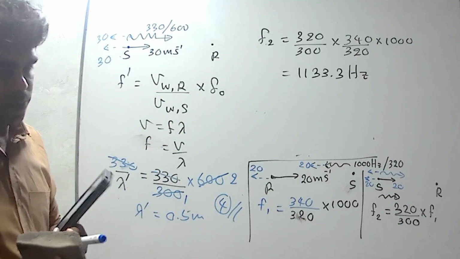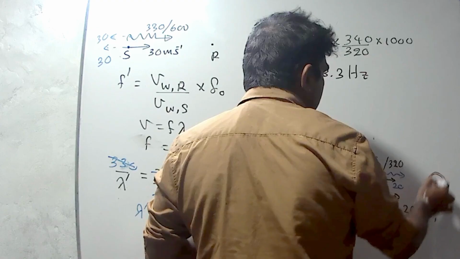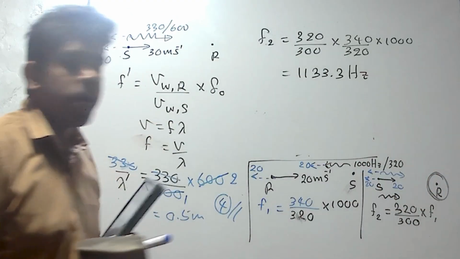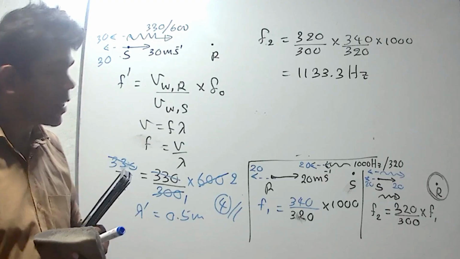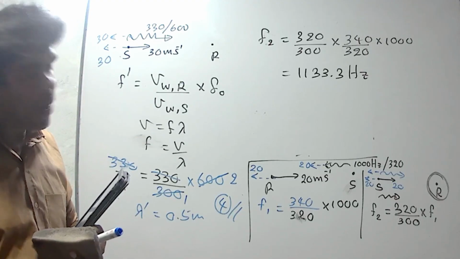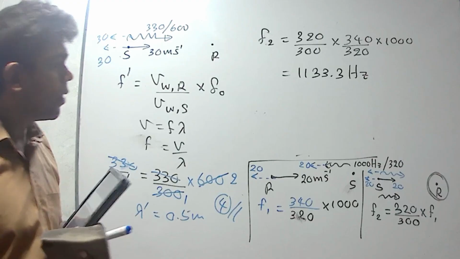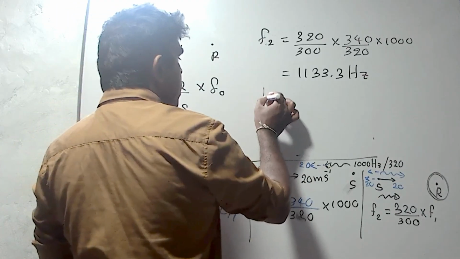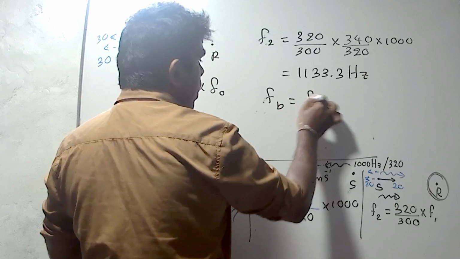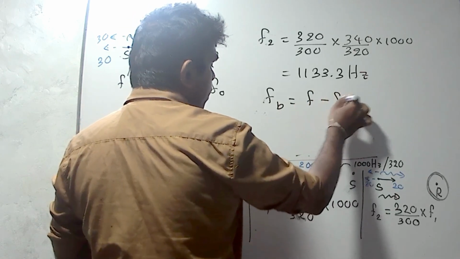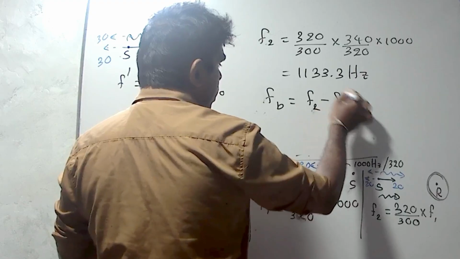Now, there are two frequencies heard by the receiver at this place, the emitted one and the reflected one. Emitted frequency 1000 Hertz, reflected frequency 1133 Hertz. Therefore, the beat frequency is the difference between the two frequencies, F2 minus F0.